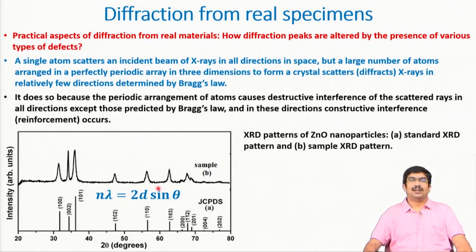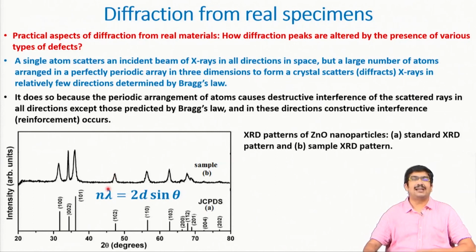Fine, that is it. Now, the point is why I am saying diffraction from a real specimen, why I am stressing this fact: what is a real specimen and what exactly happens for a real specimen. If you compare these two X-ray diffraction profiles, and you have possibly seen this when you try to solve an X-ray diffraction profile, you want to identify the phase, you want to know the lattice spacing and so on.